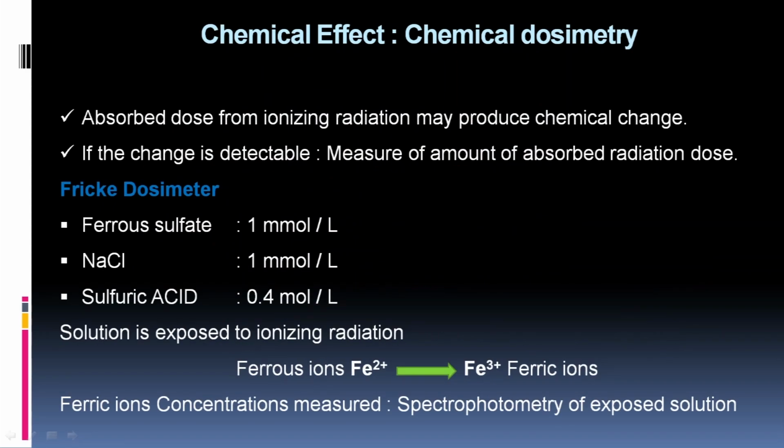Now, chemical dosimetry. In chemical dosimetry, we use the chemical changes by absorption of radiation, that is chemical effect. So, absorbed dose from ionizing radiation may produce chemical change, and if this change is detectable, the measure of this detectable chemical change is the measure of the amount of absorbed radiation dose.